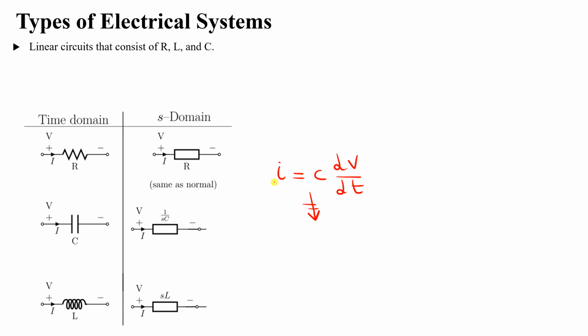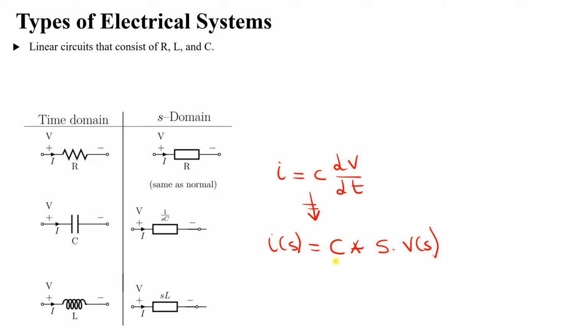Yes. The current will be I of S, the Laplace transform of the current itself, equal to C, a constant value, multiplied by dV by dt, the derivative of voltage with respect to time, which is S multiplied by V of S, right? The derivative is converted into S, which is the S of the Laplace.